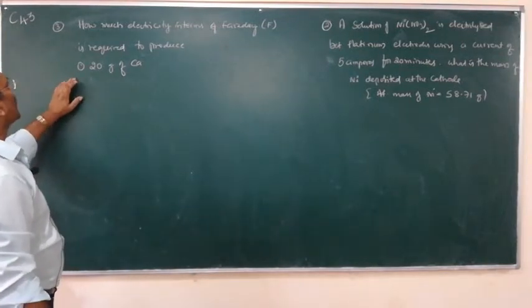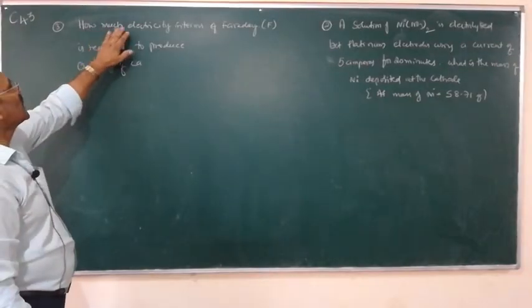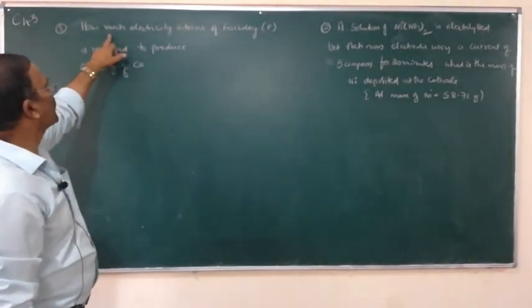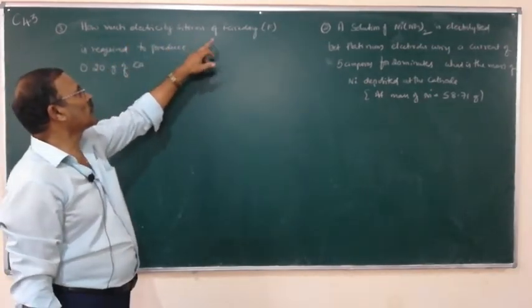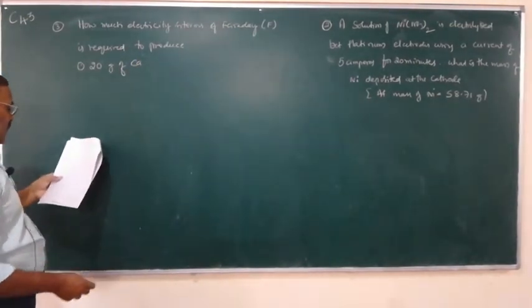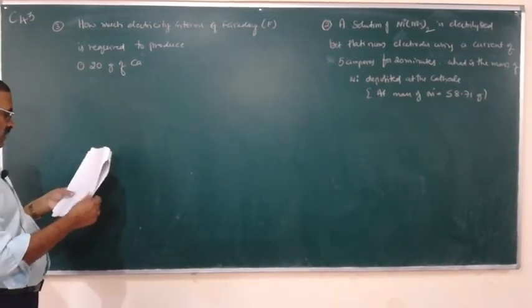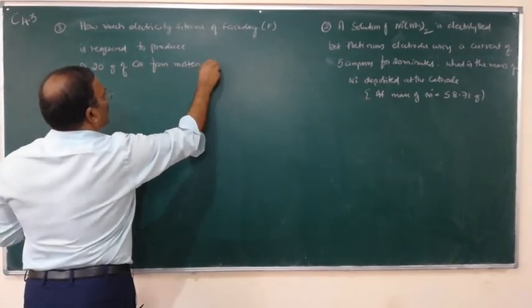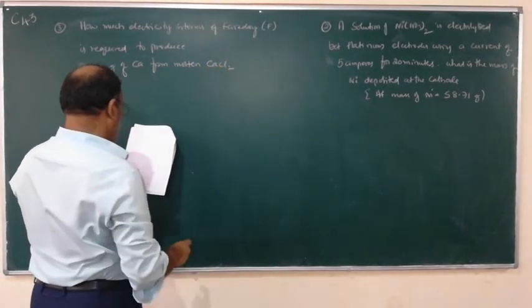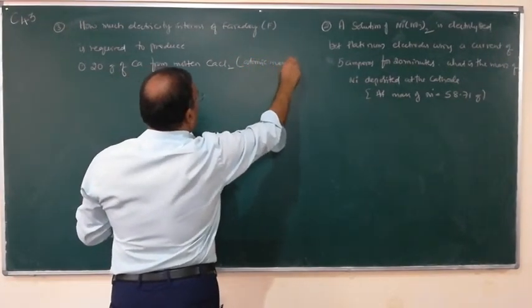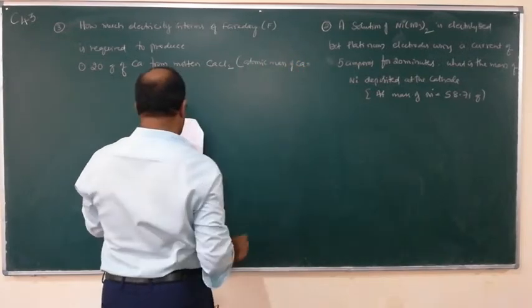So let us work out another problem. How much electricity in terms of Faraday, F, is required to produce: Number 1, 20 grams of calcium from molten calcium chloride, in bracket, atomic mass of calcium equals 40.